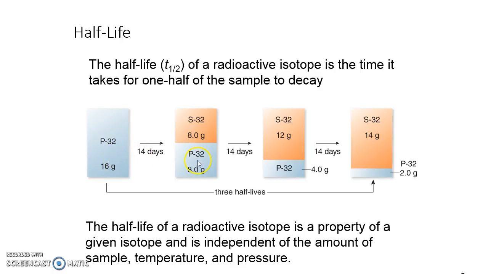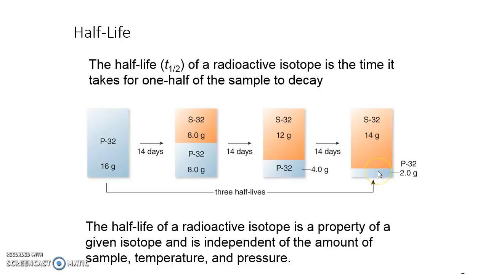If another 14 days elapse, it's not that the other half is gone, but what happens is half of what remains at the beginning of the 14 days will be remaining. So 16 grams goes to 8 grams in one half-life. Then 8 grams goes to 4 grams in one half-life. When another half-life occurs, only half of that 4 grams is left, so 2 grams is there.